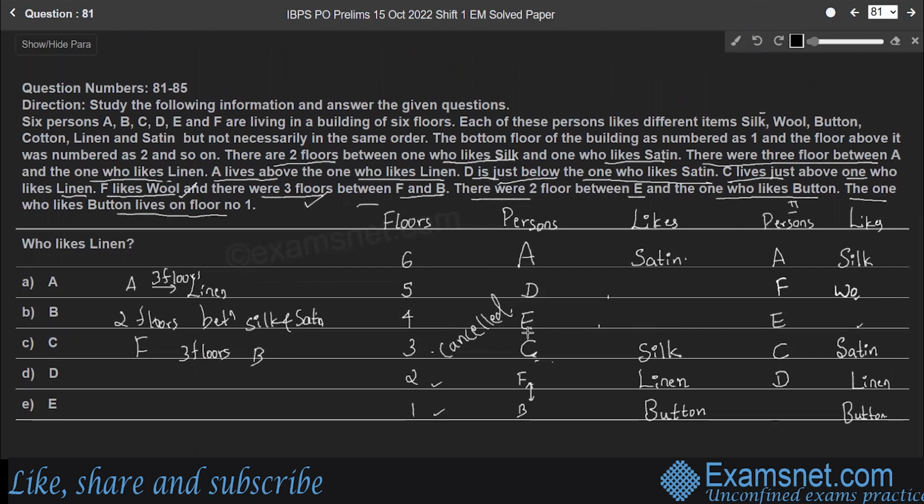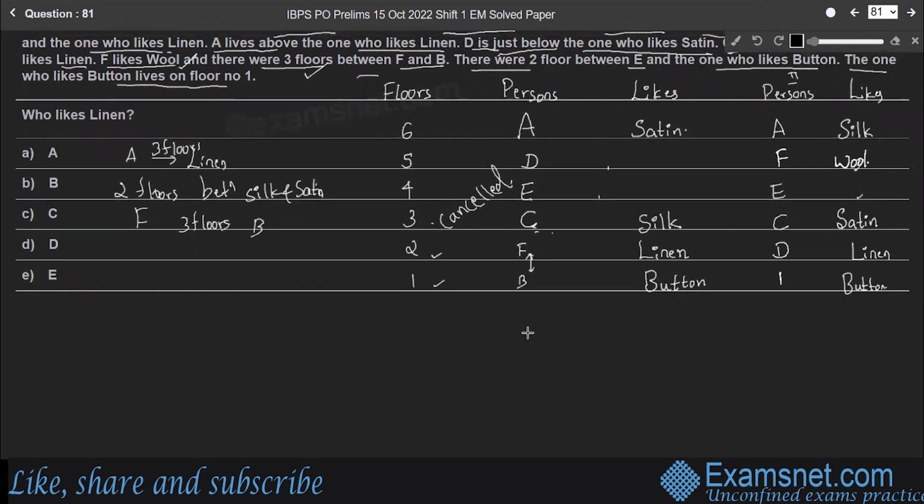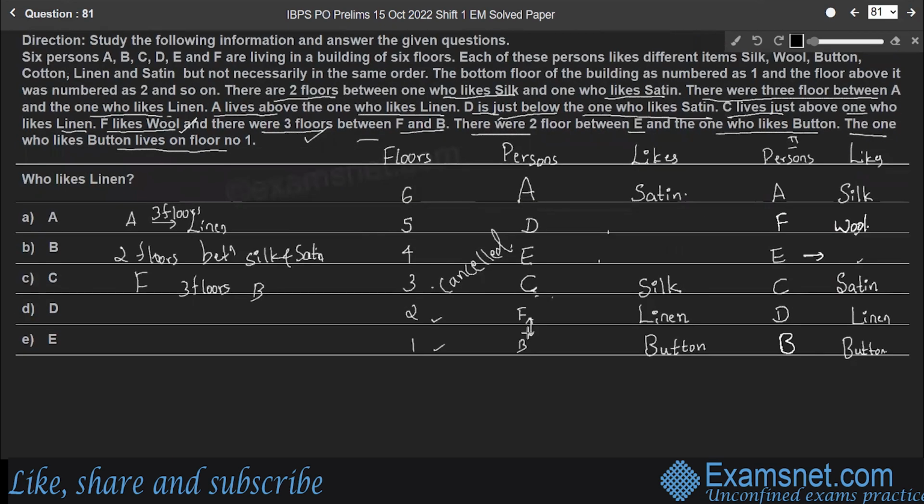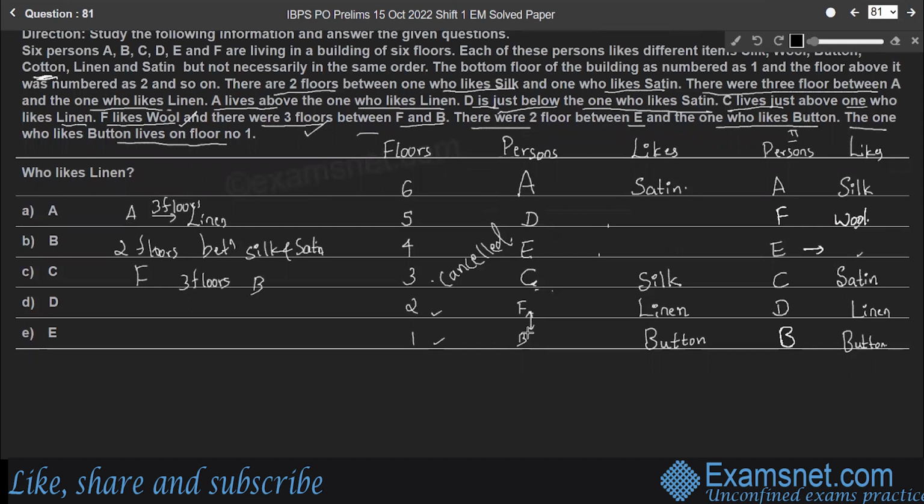F likes wool, and with 3 floors between F and B, B likes button and lives on the first floor. So which is the remaining item for E? Cotton. Therefore, E likes cotton. Consider only case 2 here. Now the question is, who likes linen? Here, D likes linen. Therefore, option D is the right answer.